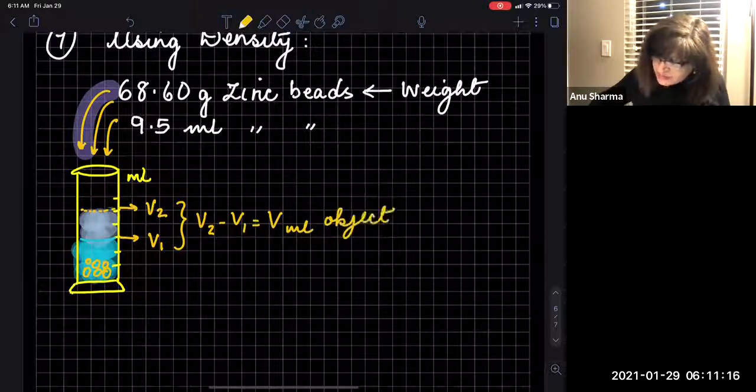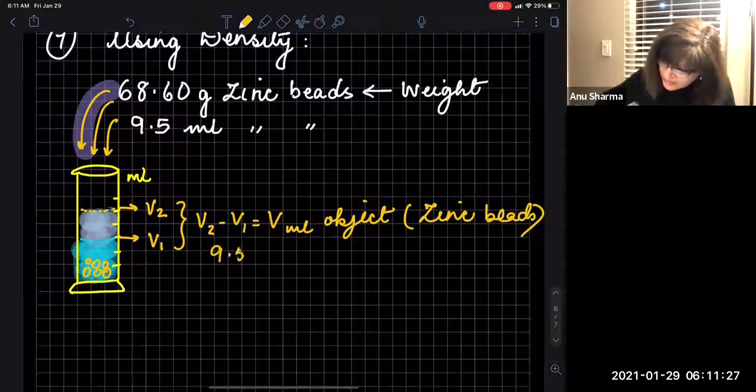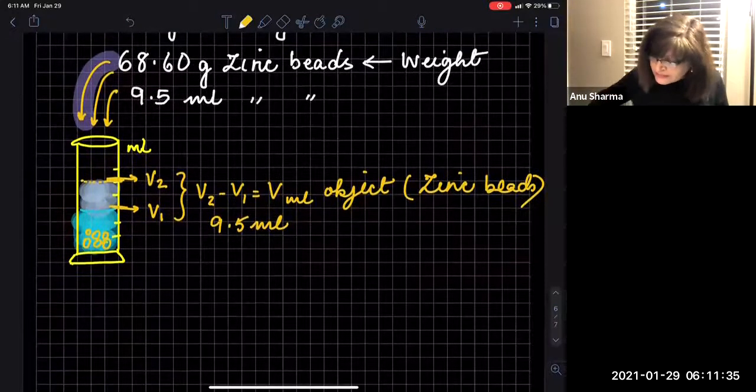The object in this case is the zinc pellets, small beads. That is measured as 9.5 milliliters. So you take the final volume, you take the initial volume, and you find the difference. This is how they determine it. So now what is the density?